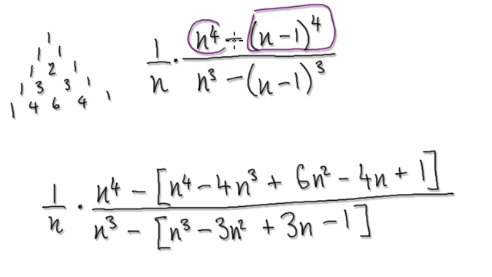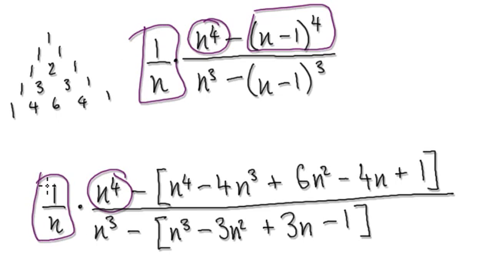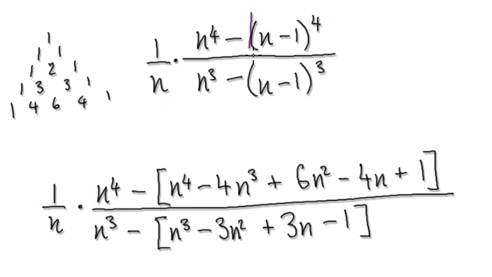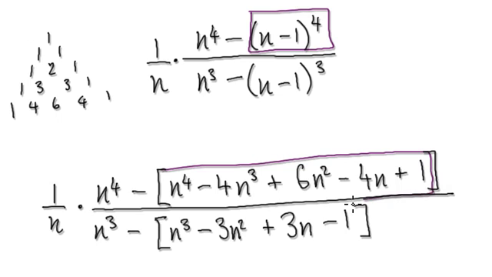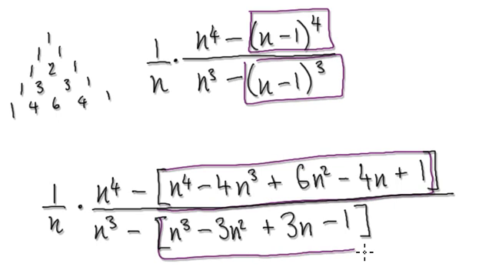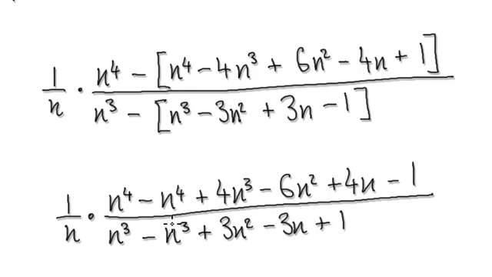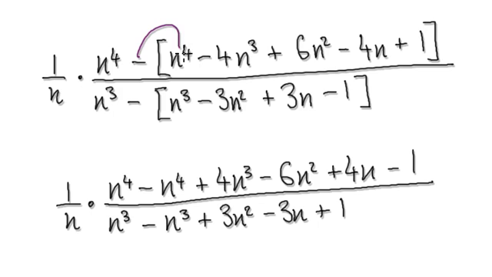That will then give you, so this bit here will be this. So 1 over n here, and then you've got your minus. Well, you use the binomial expansion. That will then give you this whole thing here, and then use the binomial expansion again. That will then give you this whole thing here, and then now multiply this out.